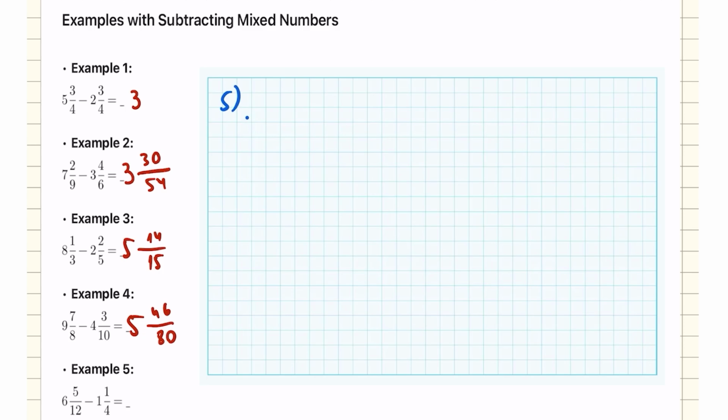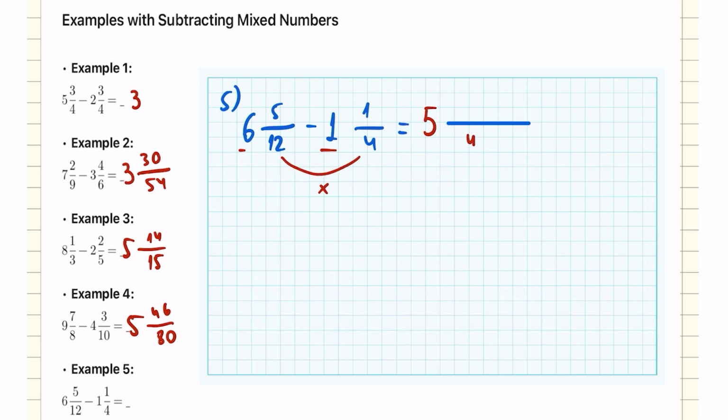And the fifth one, we have 6 and 5 over 12 minus 1 and 1 over 4. We subtract 6 and 1, we get 5. Then we seek the common denominator, which is 48, 12 times 4, and then we multiply numbers by cross. 5 times 4 minus 12 times 1. This is equal to 8.